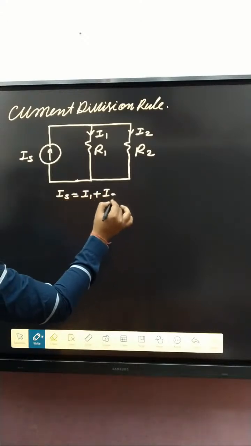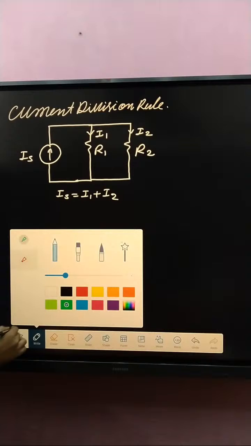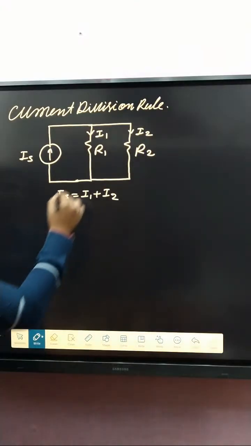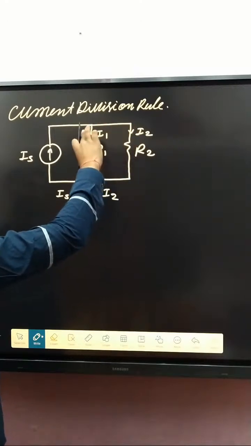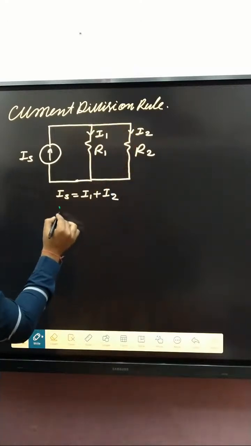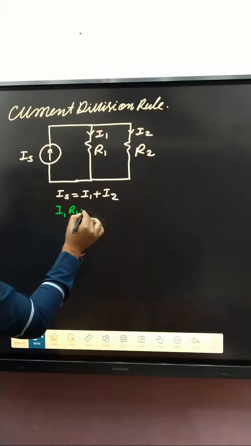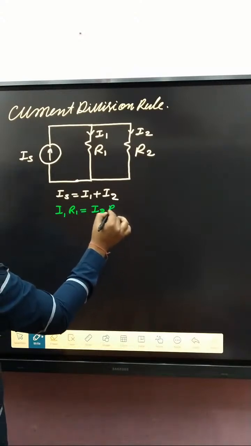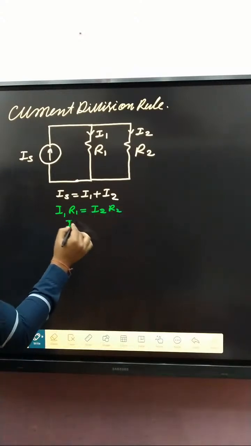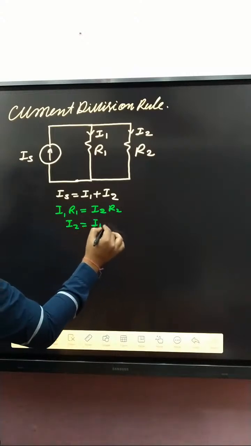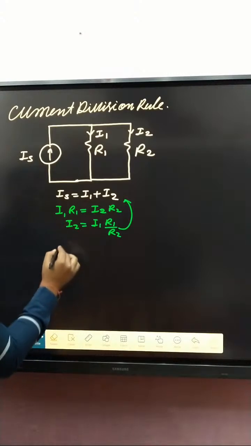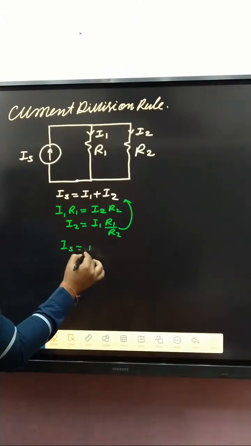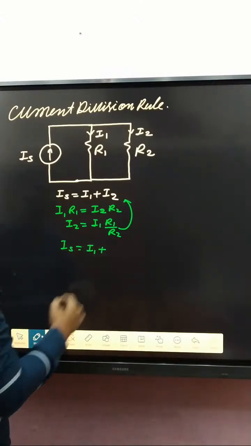Simple, very simple. Okay. After that, both are parallel, so voltages are same, corresponding to this resistance and this resistance. So write I1 into R1 is equal to I2 into R2. What about I2? I1 into R1 divided by R2. If that value is put here, then we get IS is equal to I1 plus how much?